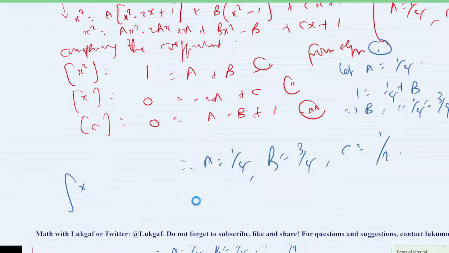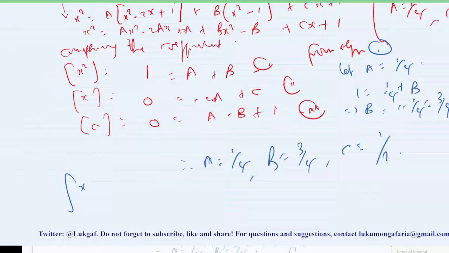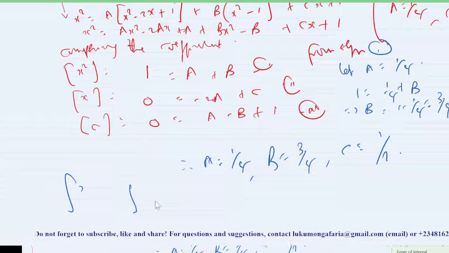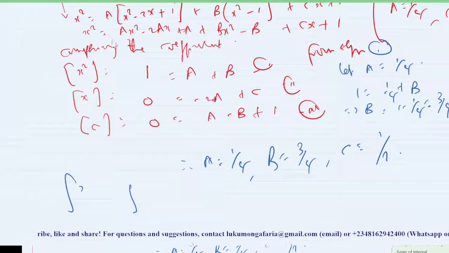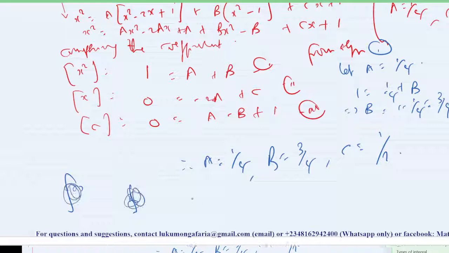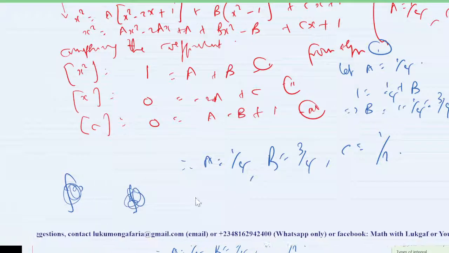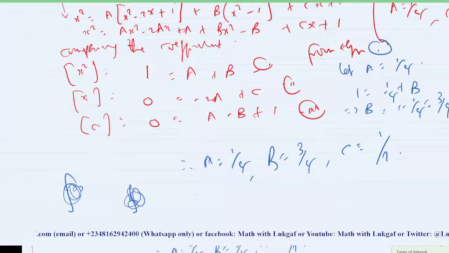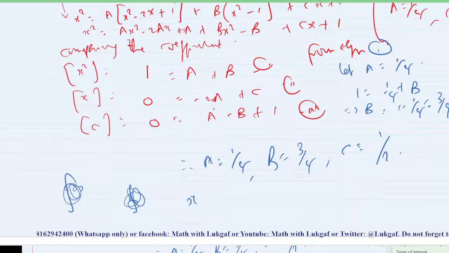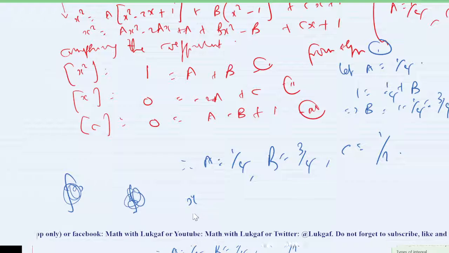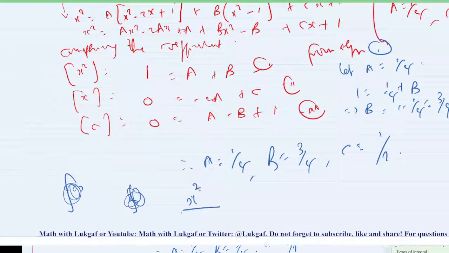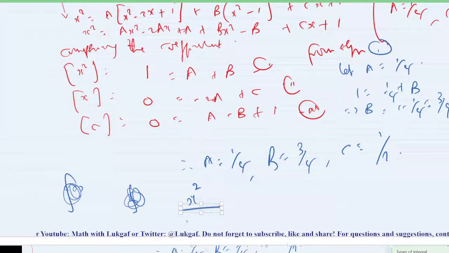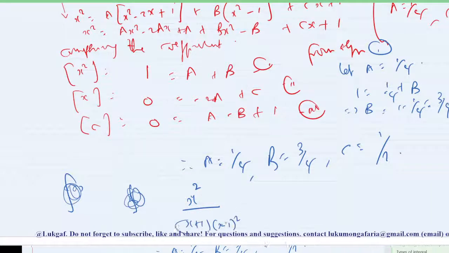So we have that x squared, what we were resolving partially was x squared divided by x plus 1, x minus 1 squared.